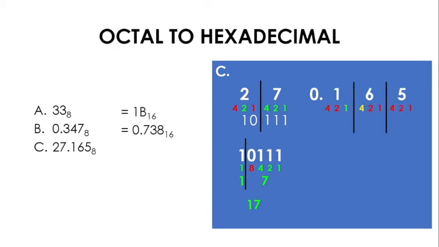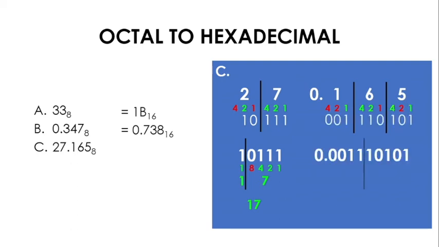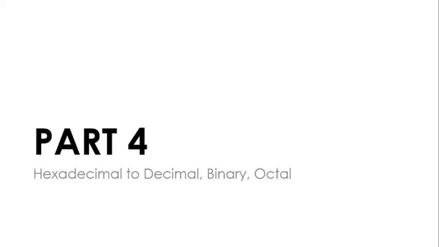So for this example, the hexadecimal equivalent of 27.165 octal is 17.788 hexadecimal. For the last part, we will be converting hexadecimal numbers to decimal, binary, and octal.